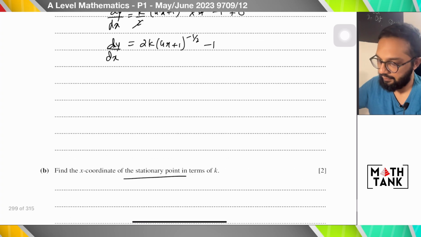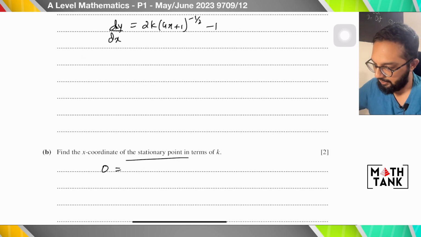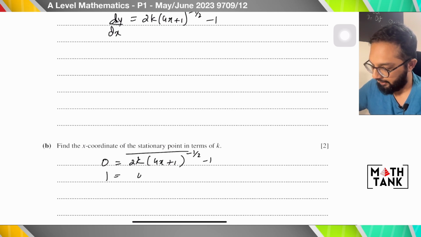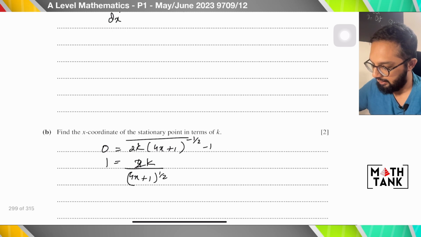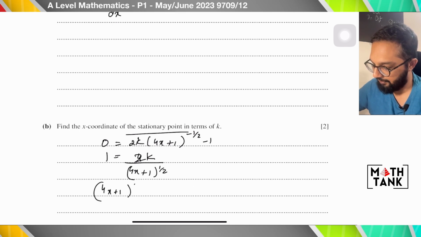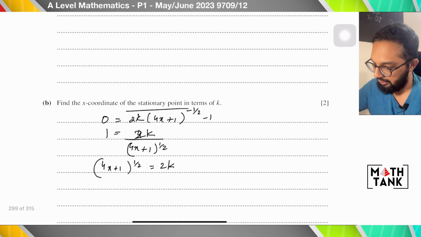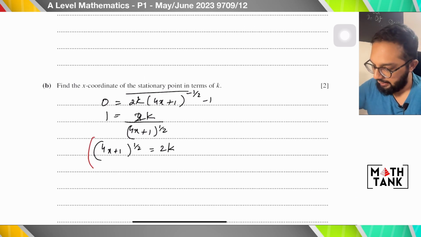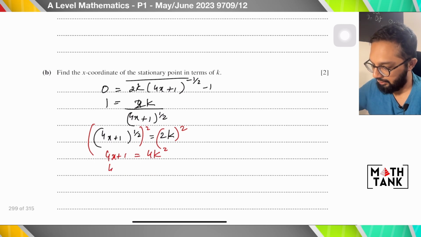It says find the x coordinate of the stationary point. So I'm going to equate that to 0 and say that 1 on the other side, 2k over (4x plus 1) to the power half, cross multiply, square both sides, so 4x equals 4k squared minus 1.